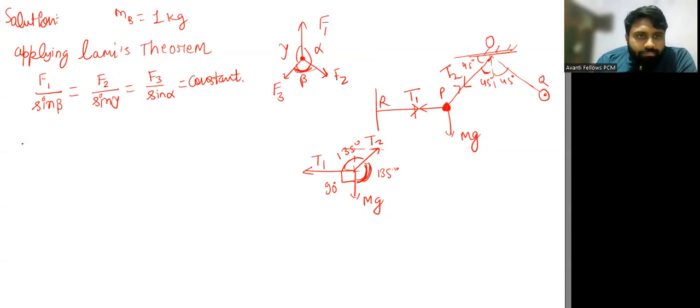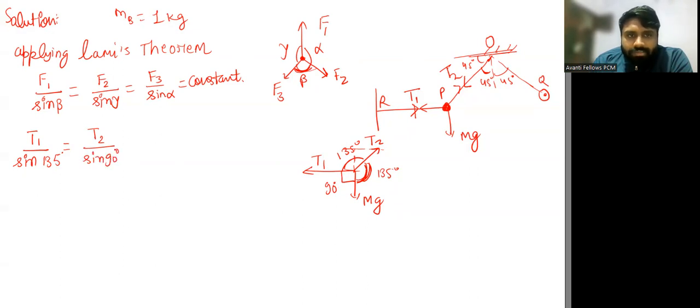Now applying Lami's theorem, we have T1 divided by the sine of the angle between the two opposite vectors. So we take the angle between T2 and mg, which is sine 135. Sine 135 is equal to T2 upon the sine of the angle between the other two vectors, sine 90, is equal to mg upon the sine of the angle between the other two vectors, which is sine 135.